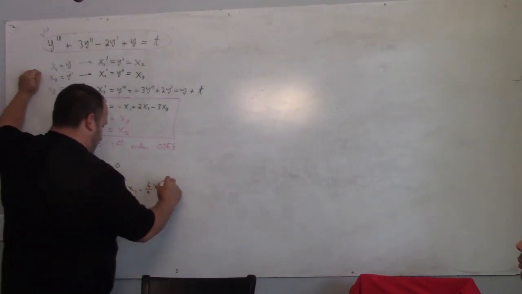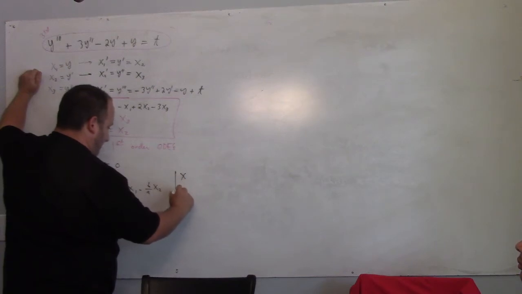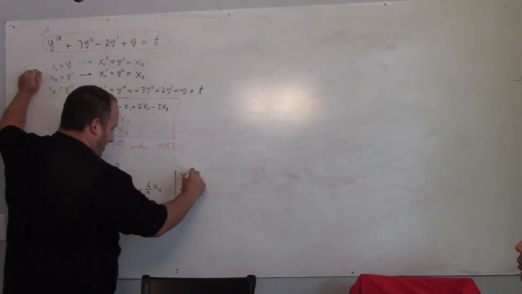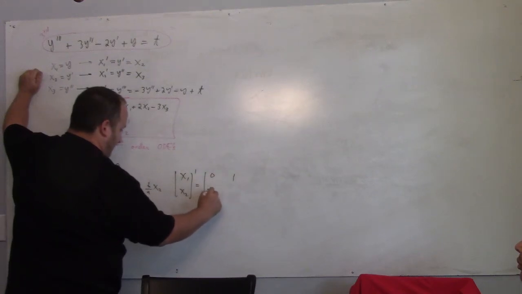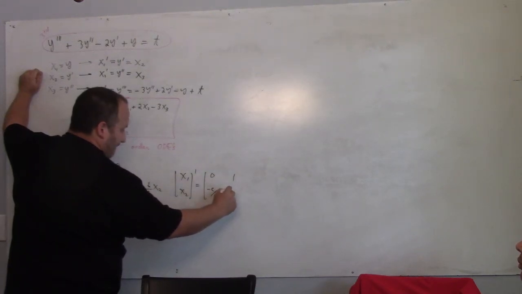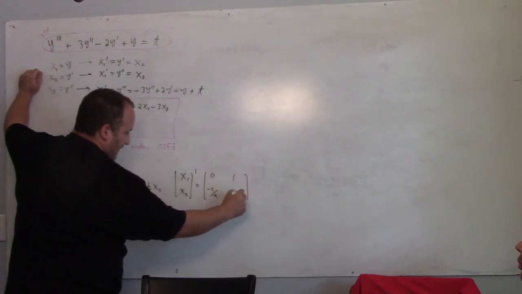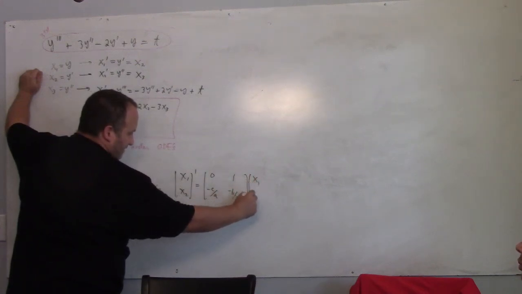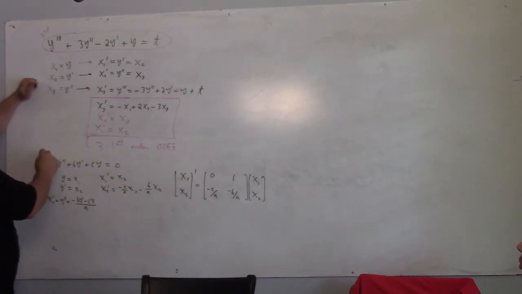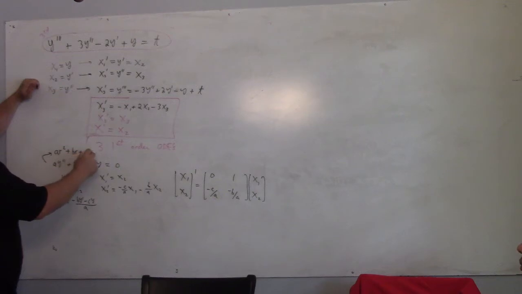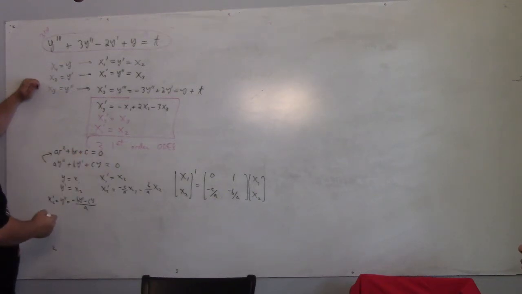If you look at this as a matrix problem, you remember the characteristic equation here was a r squared plus b r plus c equals 0. You should use lambda.